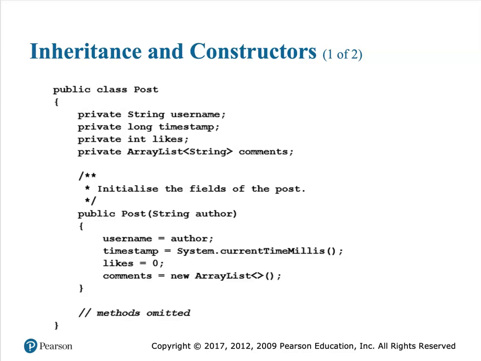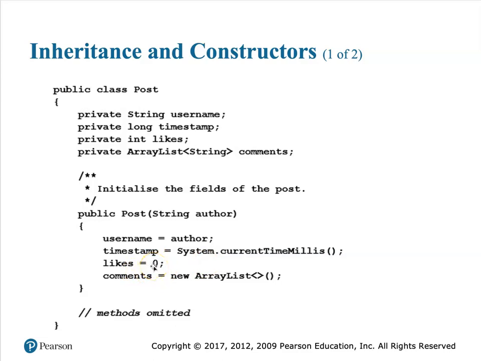For instance, here inside of the Post class, there is a constructor for the Post object which accepts a single string, and the single string author gets put into the username field, and then we ask our system to get the current time in milliseconds and make that the timestamp.